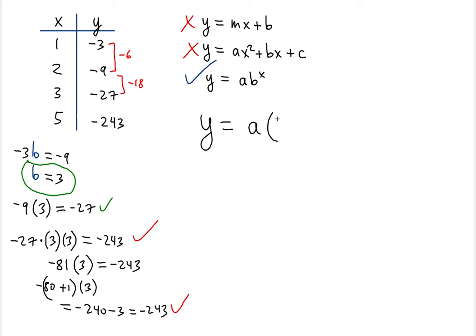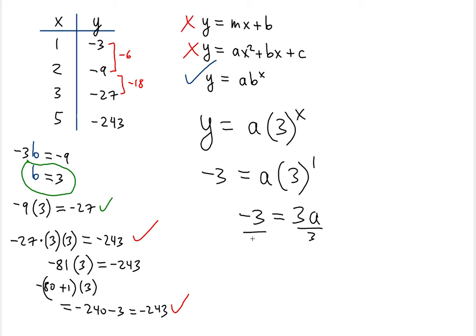So let's write b as the 3 because we already found it, to the x. So we're going to substitute 1 and negative 3 into the x and y here respectively. So minus 3 for the y should be equal to a times 3 raised to the x, which is 1 in that ordered pair. So as a result, minus 3 is equal to 3 to the 1 is 3. So we can just write 3a. Dividing both sides by 3 will give us the a value, right? So the a value is negative 1. Beautiful.